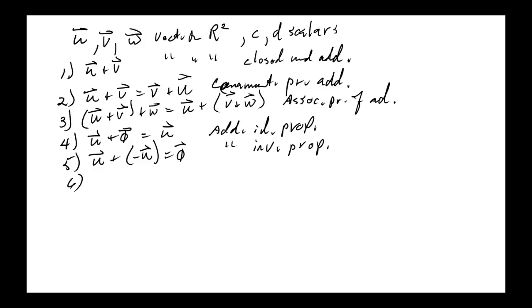All right, number 6. We said that addition of 2 vectors in a plane will result in a vector in that plane. That's the closure under addition.